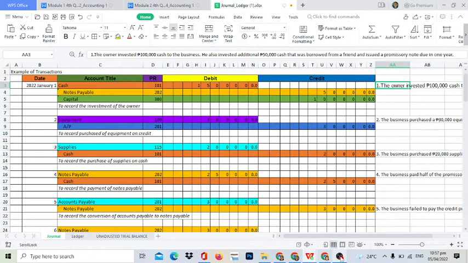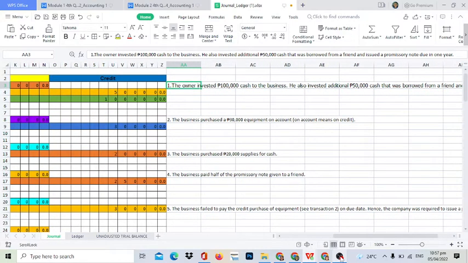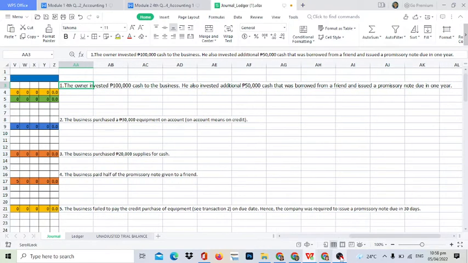So the first transaction, on January 1, the owner invested 100,000 cash to the business. He also invested an additional 50,000 cash that was borrowed from a friend and issued a promissory note due in 1 year.